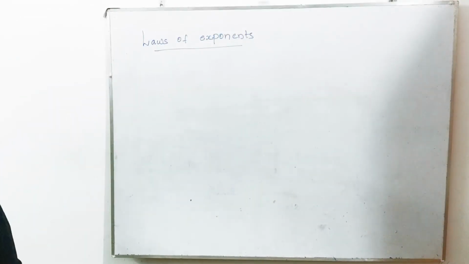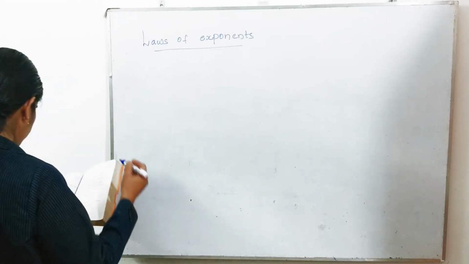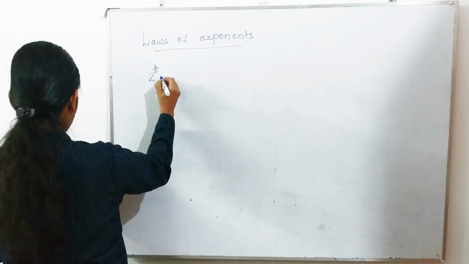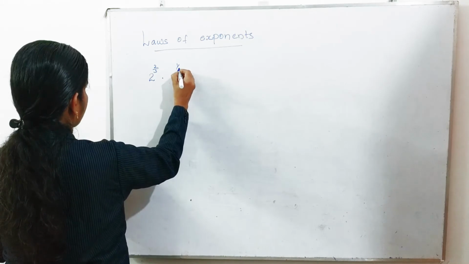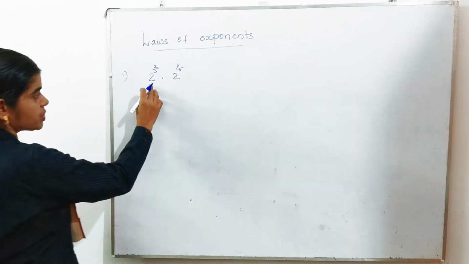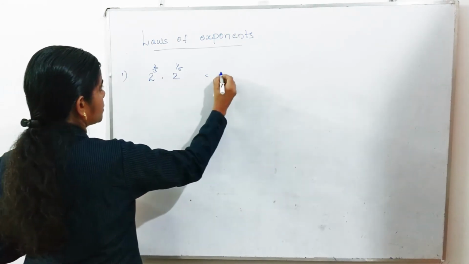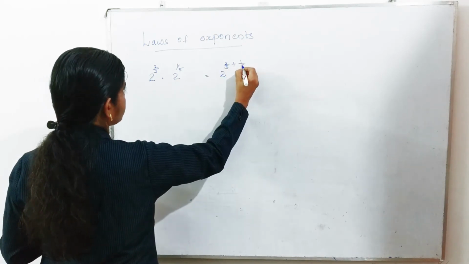First one: 2 raised to 2 by 3 into 2 raised to 1 by 5. Here, what do you want to do? a raised to m into a raised to n, that will be 2 raised to 2 by 3 plus 1 by 5.